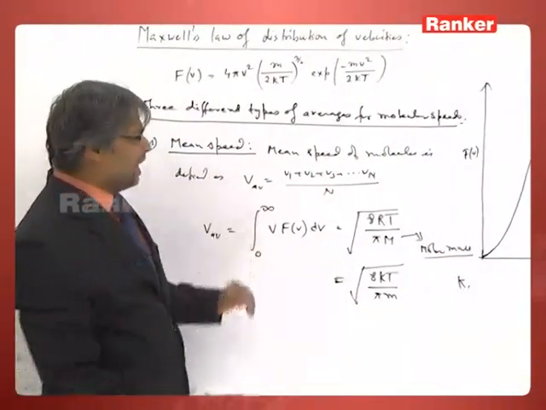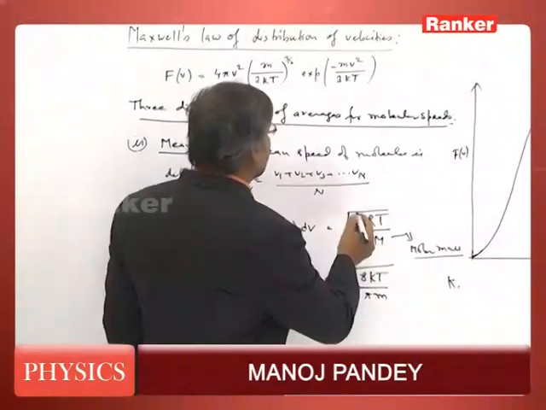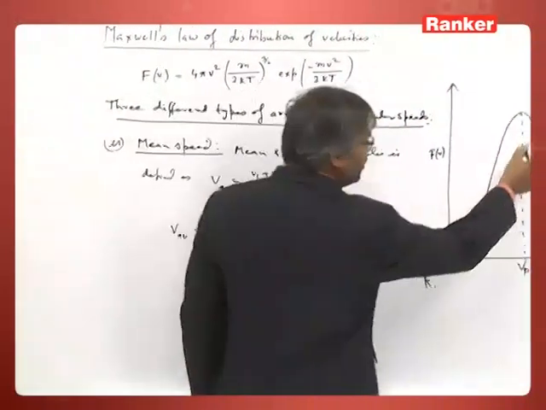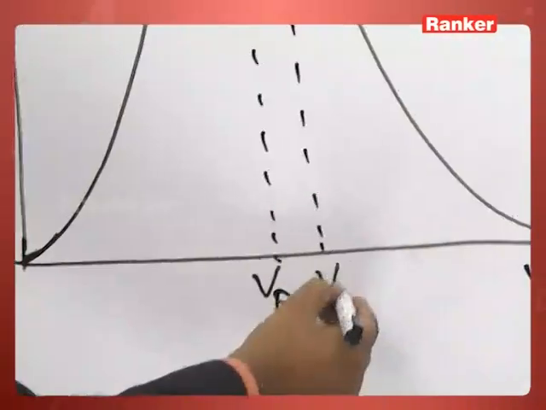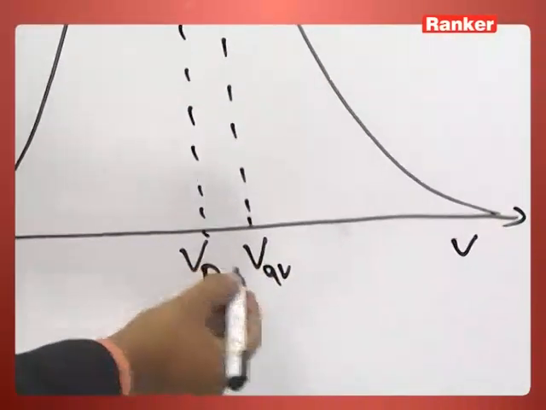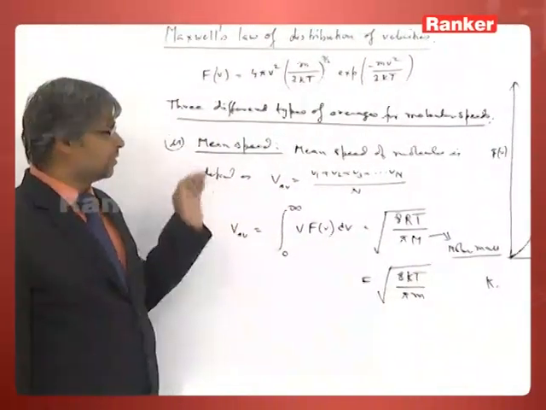Now, this average velocity is greater than the most probable velocity.